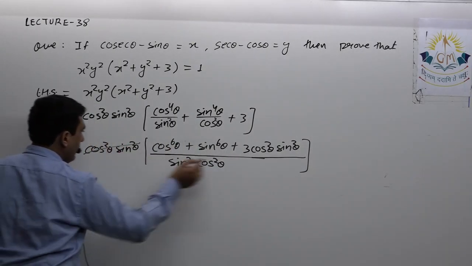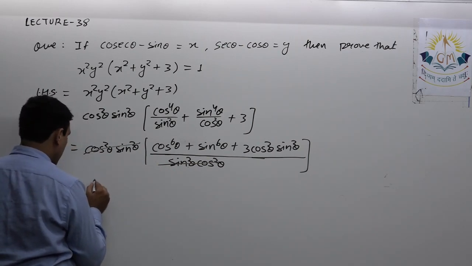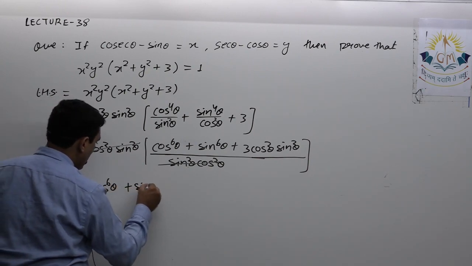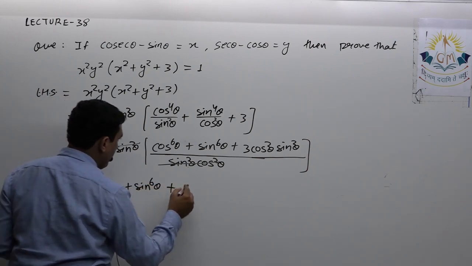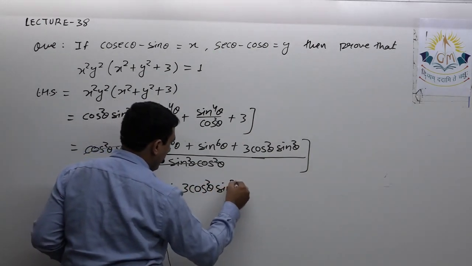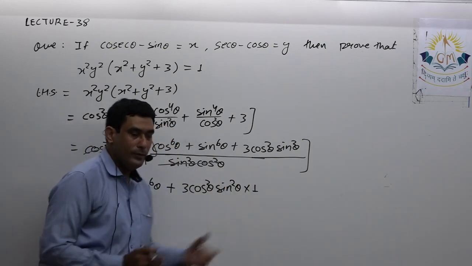So this will cancel out each other. Now in the numerator I have cos raised to 6 theta plus sin raised to 6 theta plus 3 cos square theta sin square theta multiplied by 1.